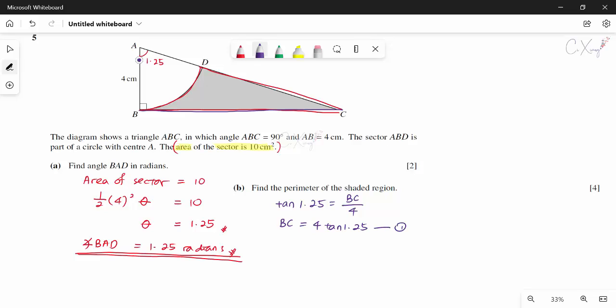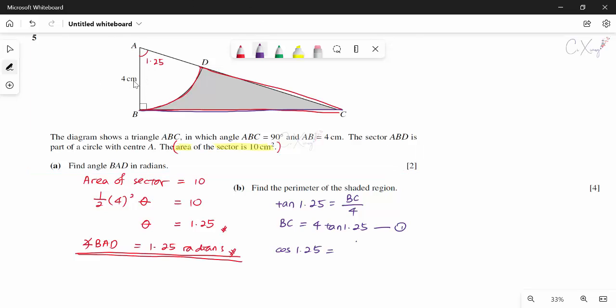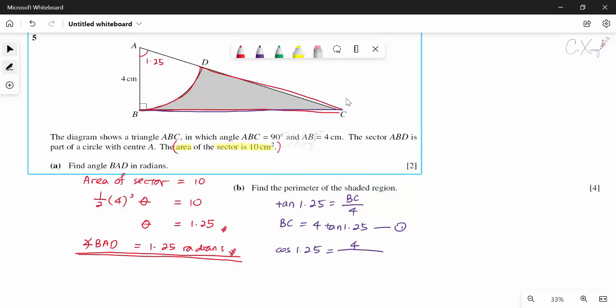I'll keep this first. After that, I want to find the DC. Before I can find the DC, I use the cos 1.25. The cos 1.25 will be equal to the adjacent, which is the 4, over the hypotenuse. The hypotenuse is AC, so instead of writing it as AC, I write it as 4 plus DC.